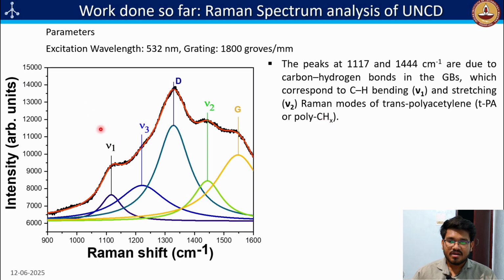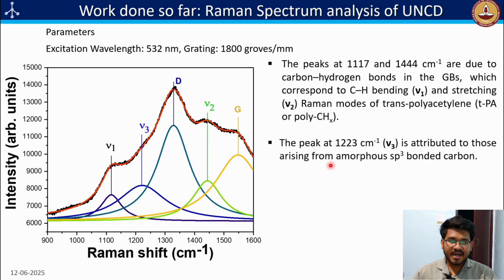Because of this, nu 1 and nu 2 are prominent. And the peak at 1223 is attributed to the sp3 bonded amorphous carbon. This is sp3 bonded, but it is amorphous carbon, because of the graphitic nature of the sample.